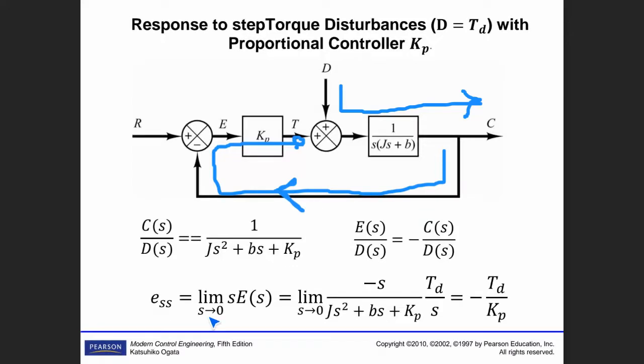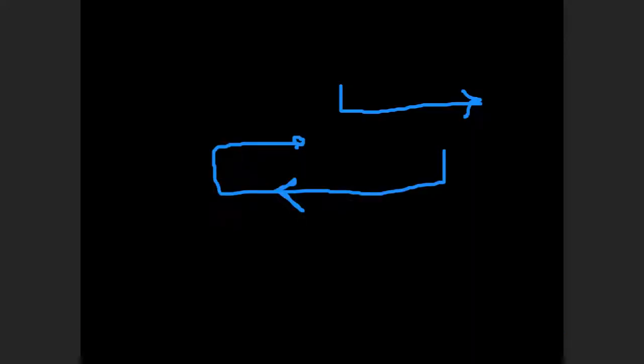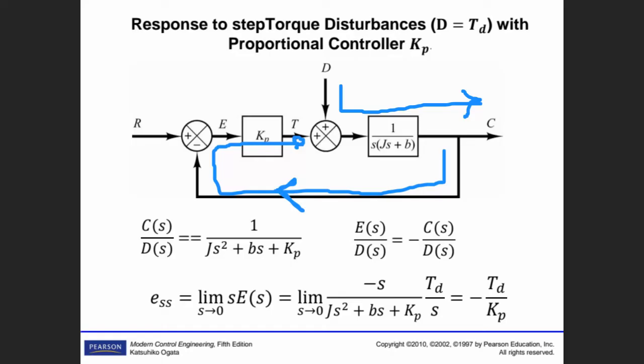Then when you sort it out, the limit as S goes to 0, and then putting what did I put as a Ds? What did I put? Is it a ramp input?